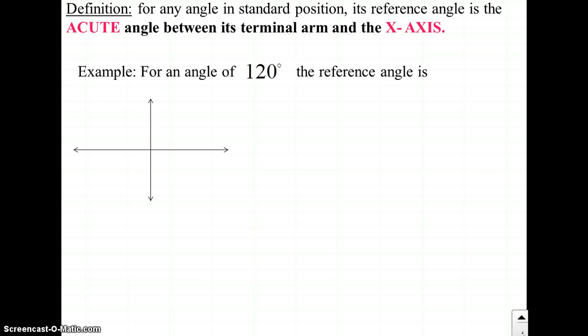If I draw a 120 degree angle in standard position, terminal arm in quadrant 2, there's a 120 degree angle in standard position. The reference angle is the acute angle between the x-axis and the terminal arm. So that angle should be 180 minus 120, or 60 degrees. All right.